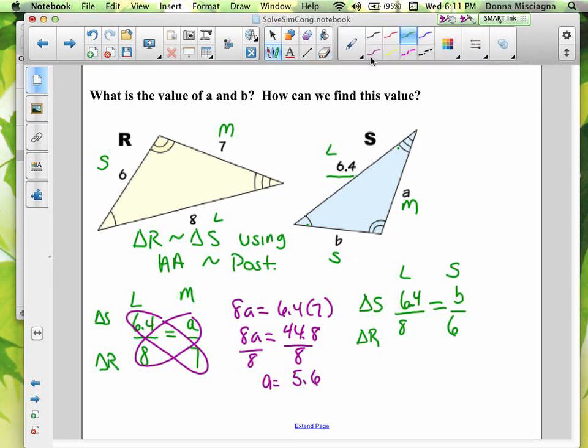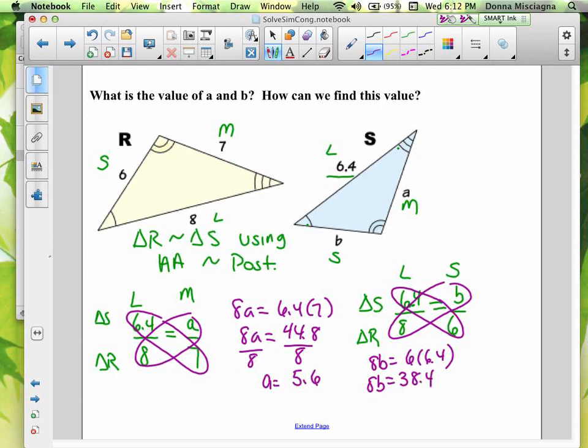And so we're going to cross multiply. Okay, so we're going to have 8B equals 6 times 6.4. And we'll multiply that. So 6 times 6 would be 36, and then 6 times 0.4 would be 2.4. So that should be 38.4.